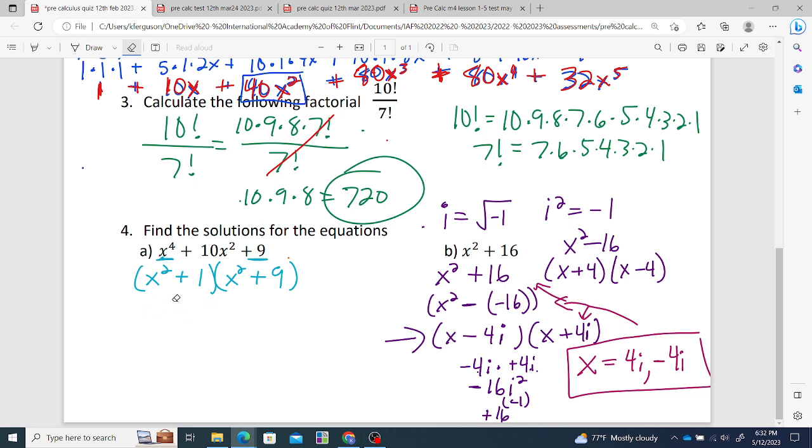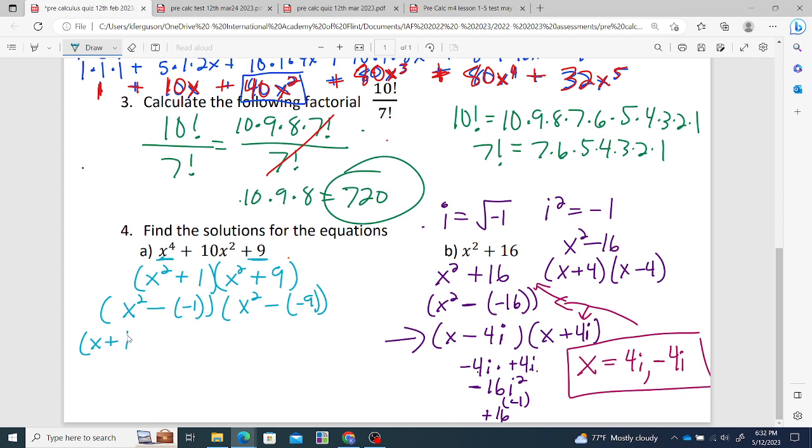Now, that being said, let's finish this. If I think about this like x squared minus a negative 1 times x squared minus a negative 9. So now over here, I've got x plus, now this is going to be 1 times i.